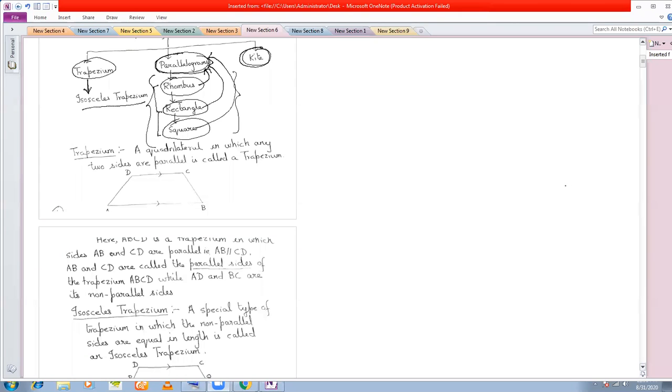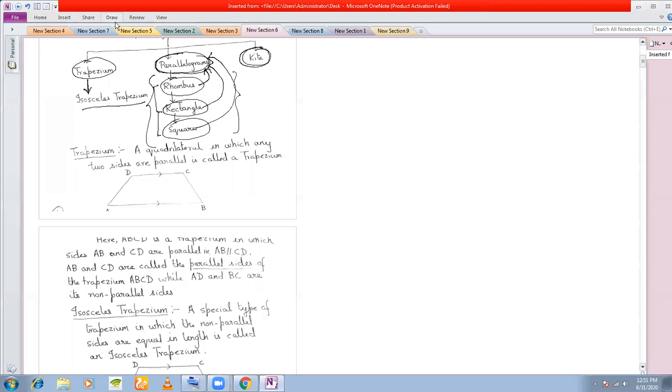So let us study the first kind of quadrilateral, which is the trapezium. Any quadrilateral in which you have two parallel sides. Let's say I have two sides that are parallel.